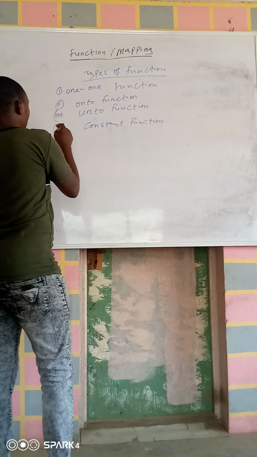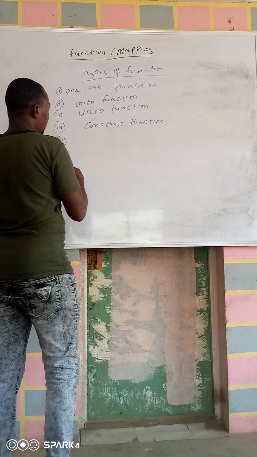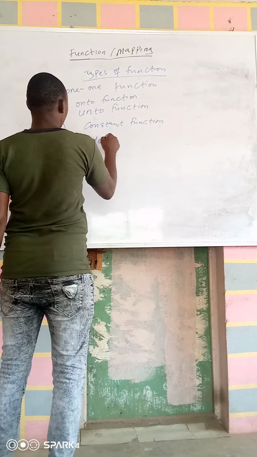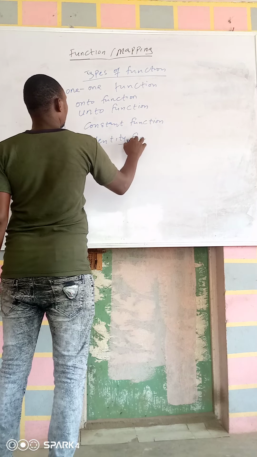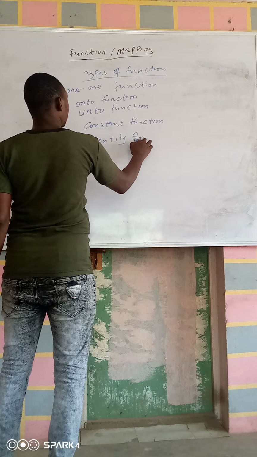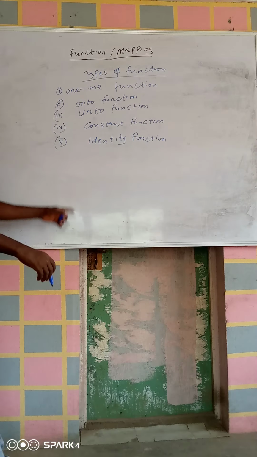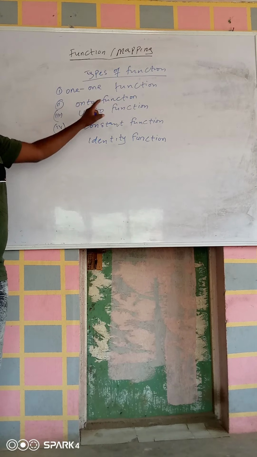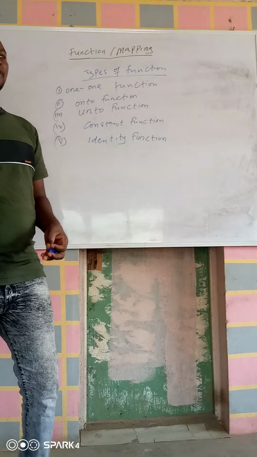We have the fifth one, which is identity function. I'll be explaining them one after the other. So one-one function, onto function, into function, constant function, identity function.